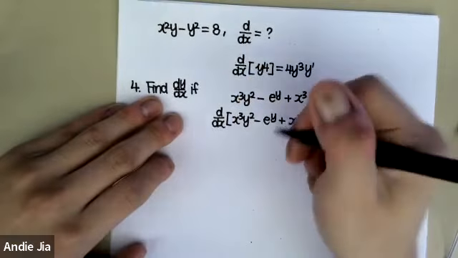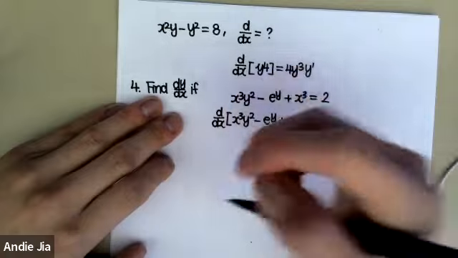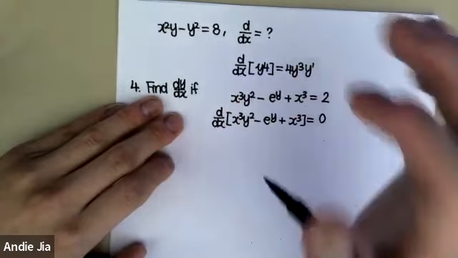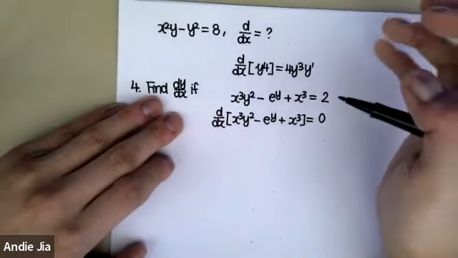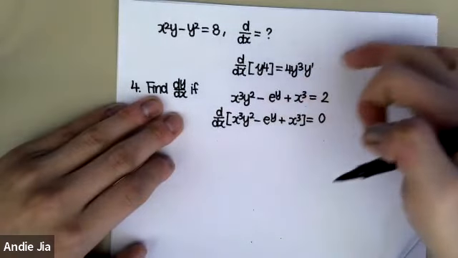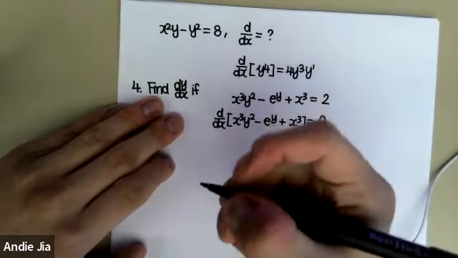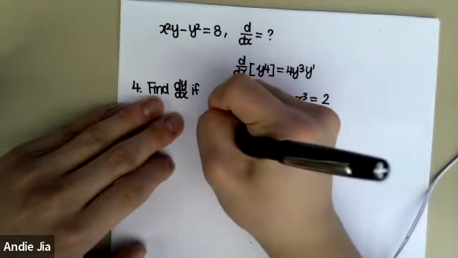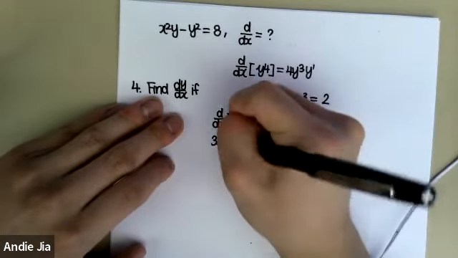The d/dx of x cubed is going to be 3x squared. When you're differentiating any term with x, there's no need to write out dy/dx. But when you're doing d/dx of something with y, then write out dy/dx after you do all the calculus here. So first we apply the product rule.